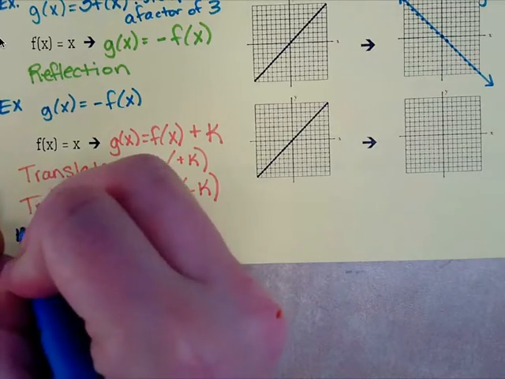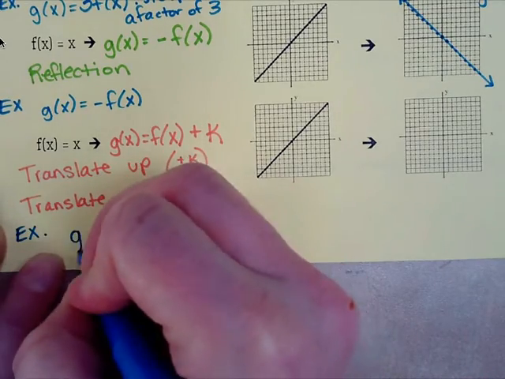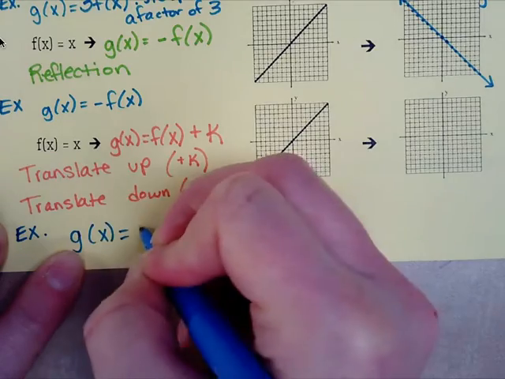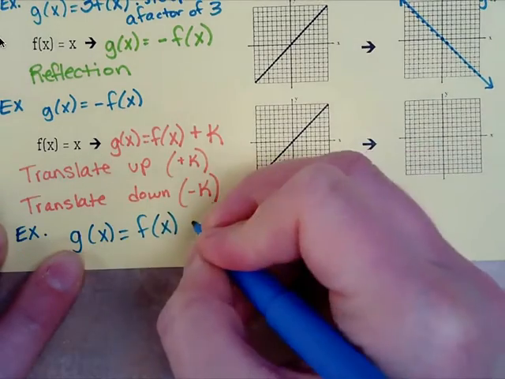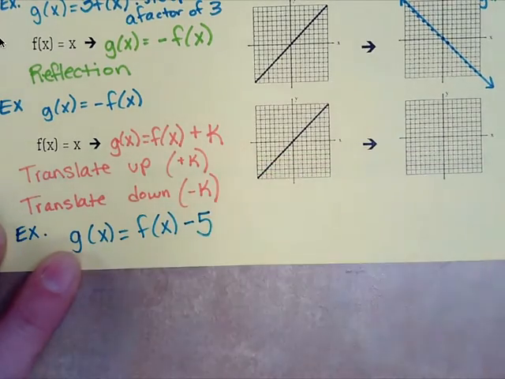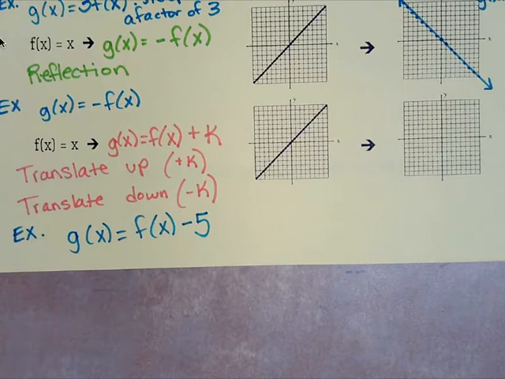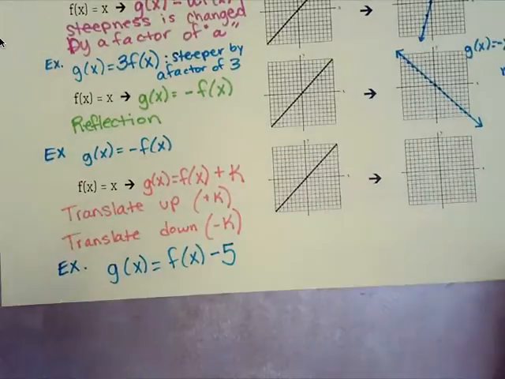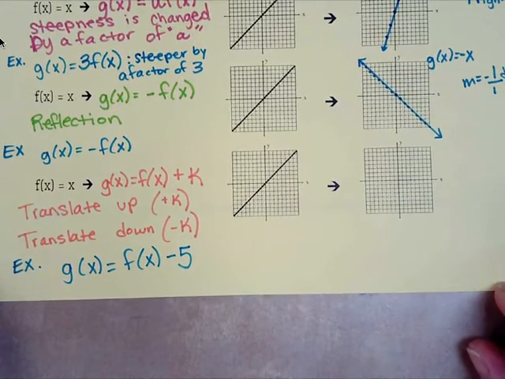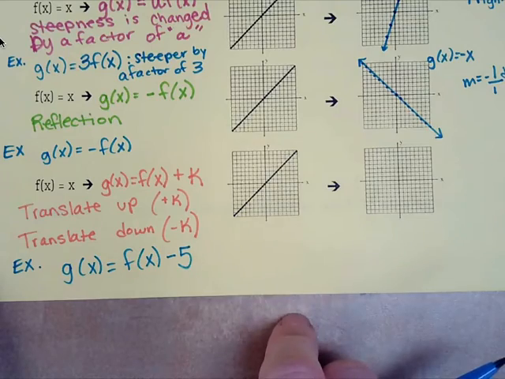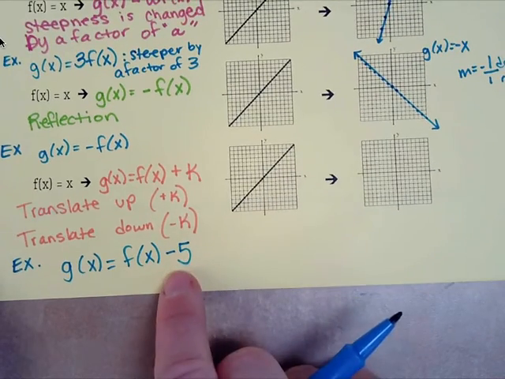So our example is going to be g of x is found by doing whatever f of x is minus 5. So what's going to happen to the line?